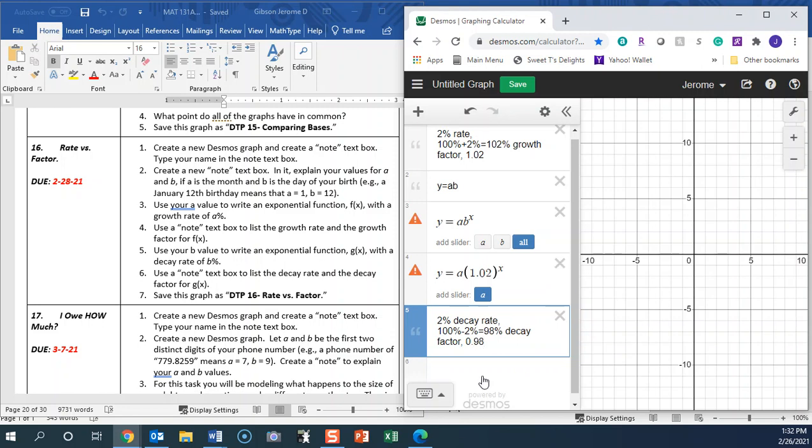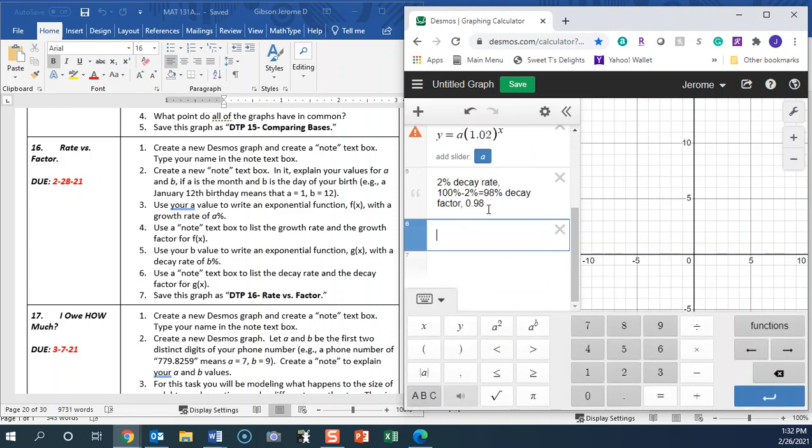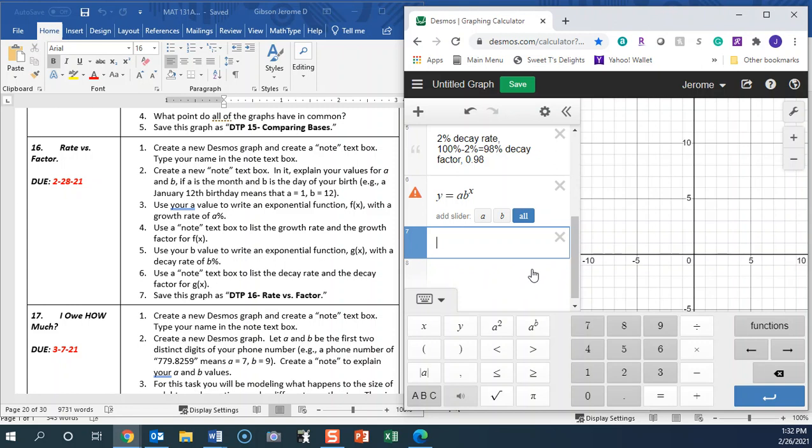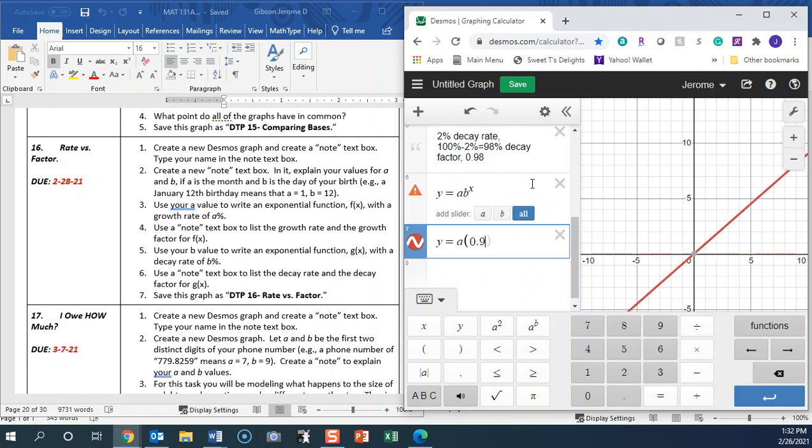Now if we were to write a formula based upon the decay rate, with no other items given, it still is y equals AB to the x power. So y is equal to A, and then B will be 0.98.